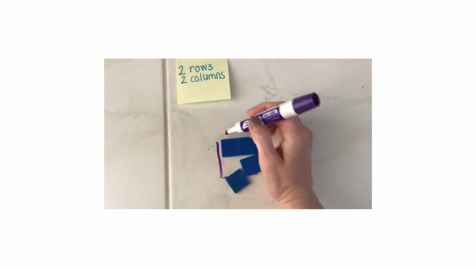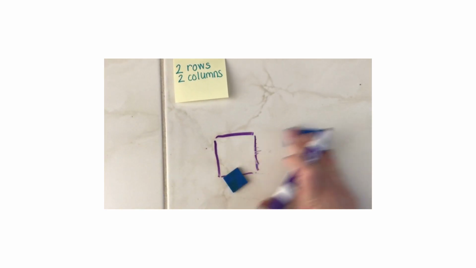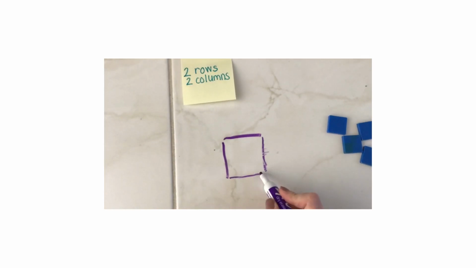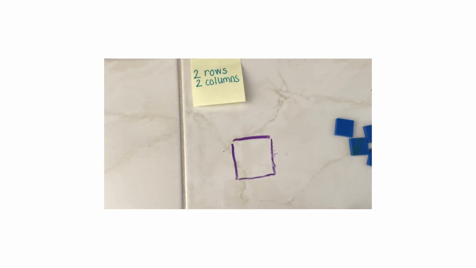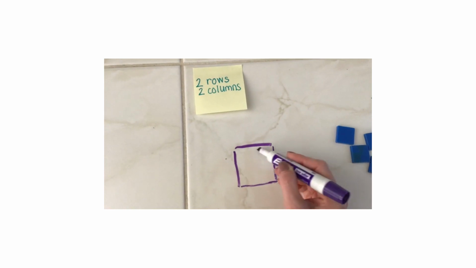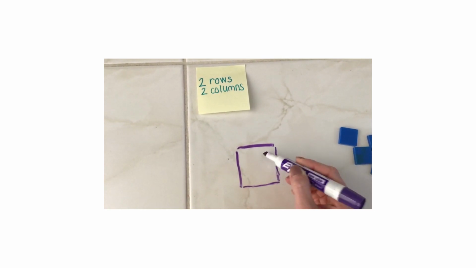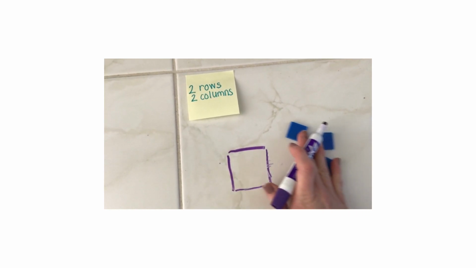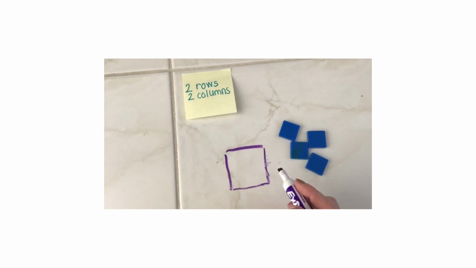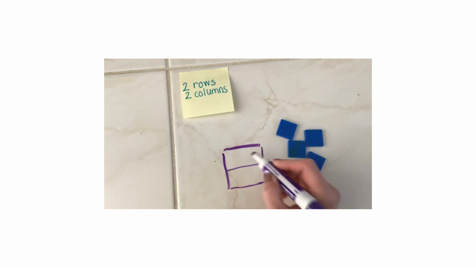If I were to draw the outline of this shape, what shape would we have? That's right, we'd have a square. So when I look at the square, I don't automatically know how much area is inside of it. That's why I need to use my tiles to find out. When I tiled it, it looked something like that.